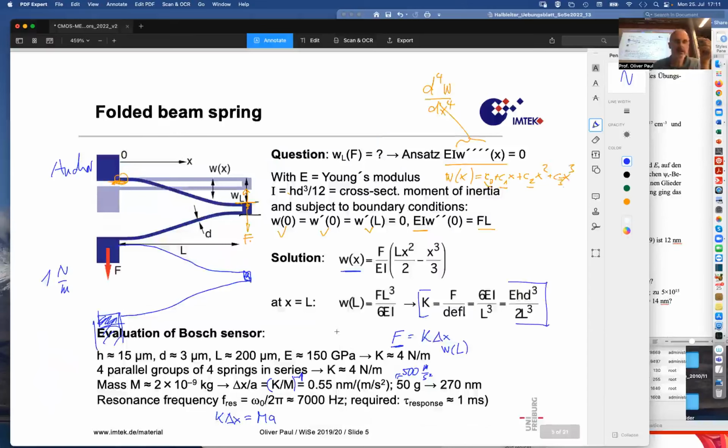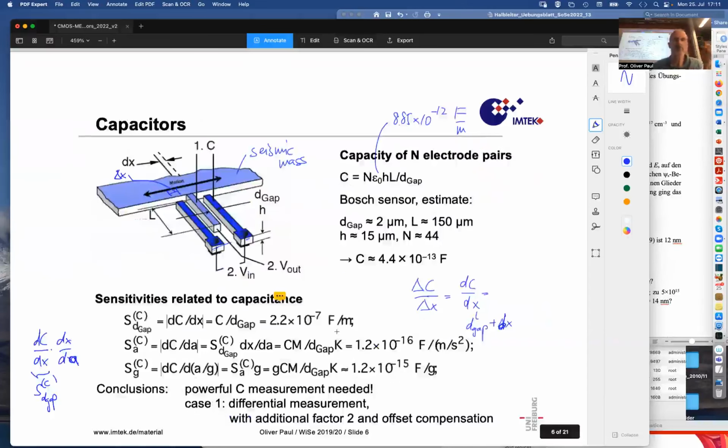Here it's now correctly written: C over d gap times m over k. That translates into 1.2 times 10 to the minus 16 farad per acceleration unit. That's a small number.